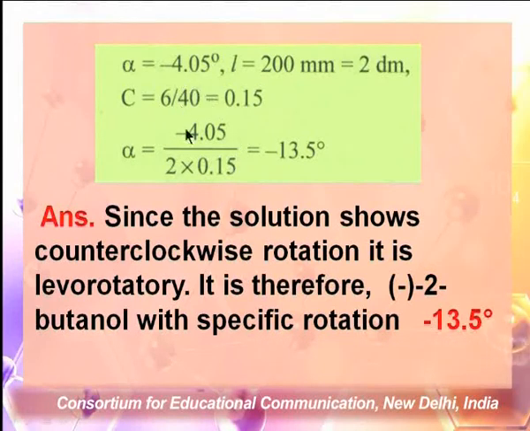When we divide the observed rotation by the concentration and length, we get a value of minus 13.5 degrees. That means that 2-butanol is levorotatory, since it was rotating the plane of plane polarized light in the left hand direction, and the specific rotation of 2-butanol is minus 13.5 degrees.